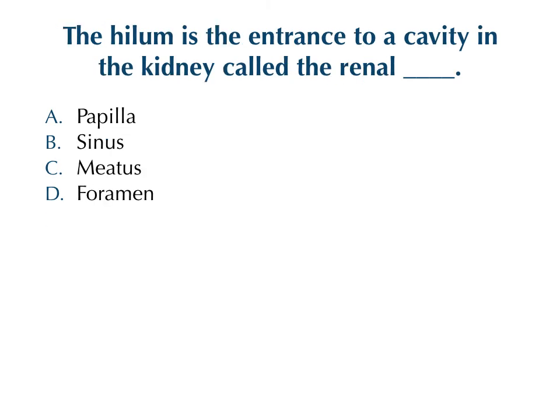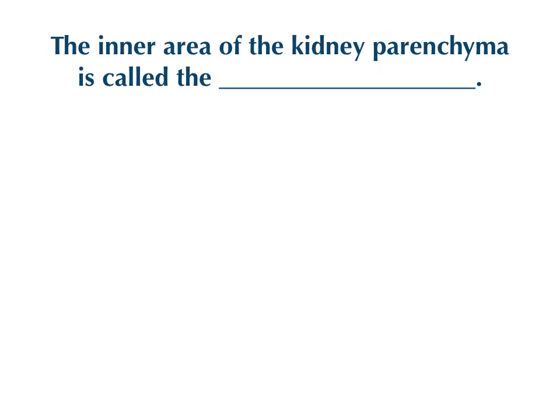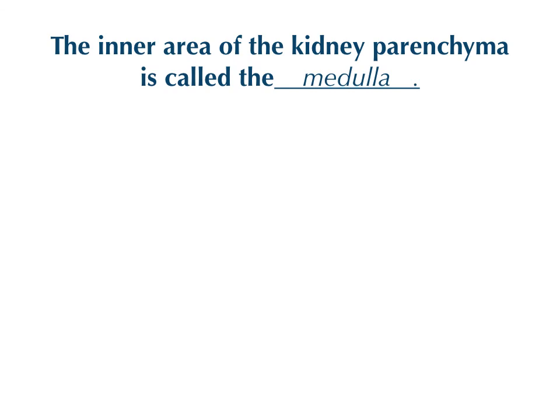The hilum is the entrance to a cavity in the kidney that is called the renal papilla, sinus, meatus, or foramen. And the answer is, of course, the sinus. The inner area of the kidney parenchyma is called the medulla.